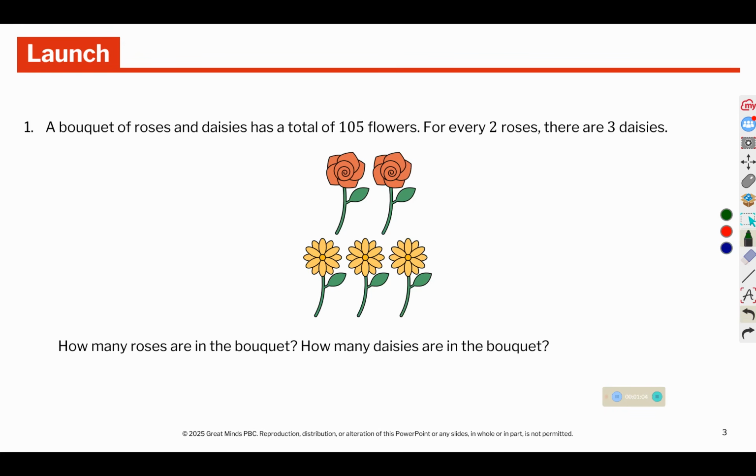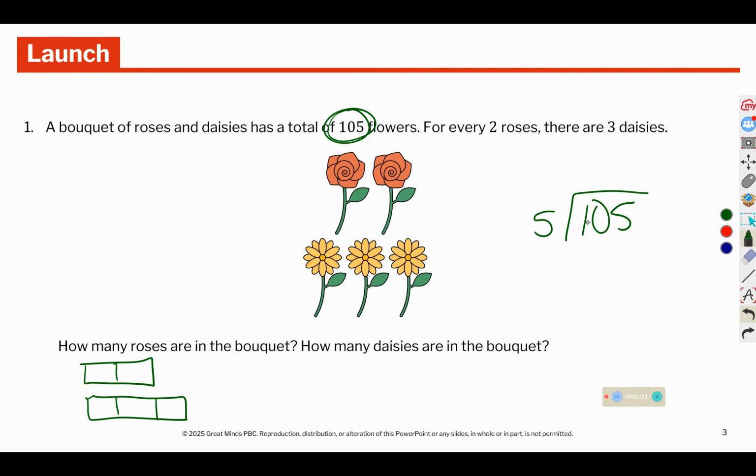So we have 2 roses and 3 daisies, with a total of 105 flowers. So it's going to get split into 5 equal boxes. 5 fits into 10 2 times. 5 fits into 5 once.